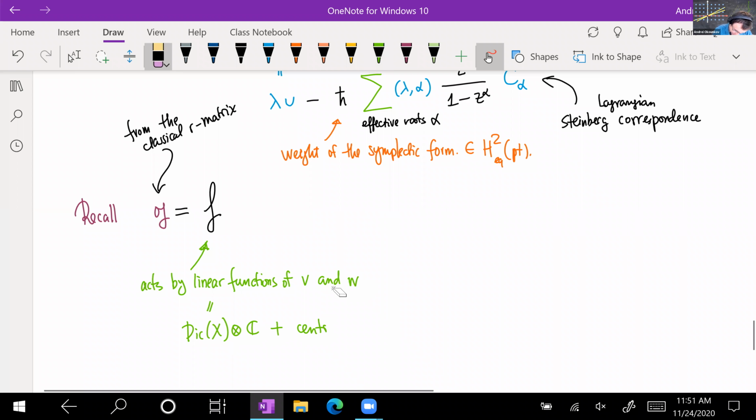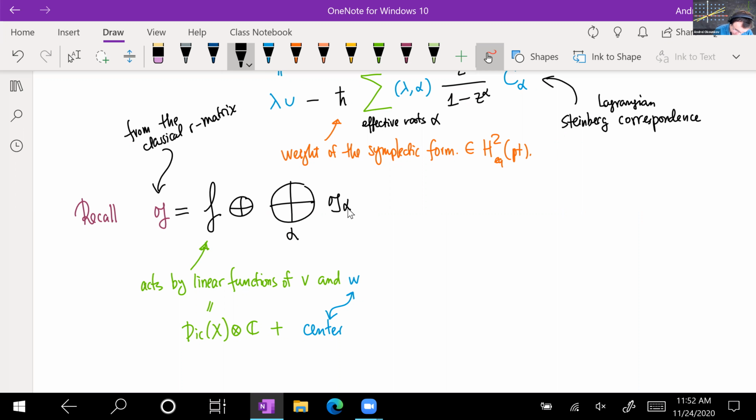So this W is central. So this is that, plus the sum over all roots, G alpha. And a root is, by definition, non-zero. So a root is effective. Each represents a curve class.